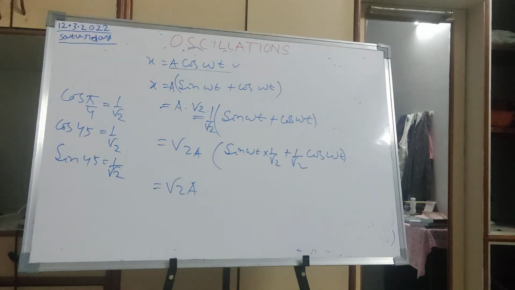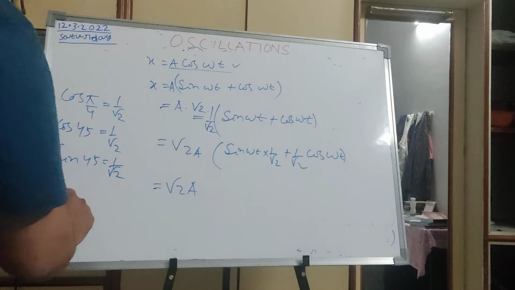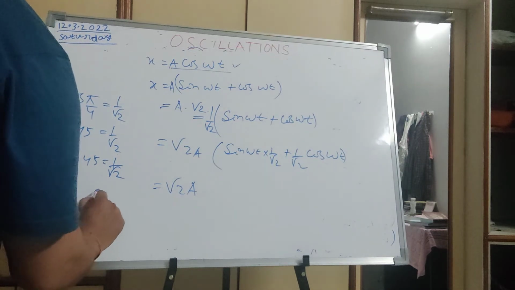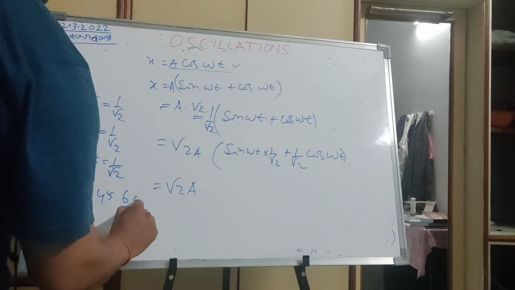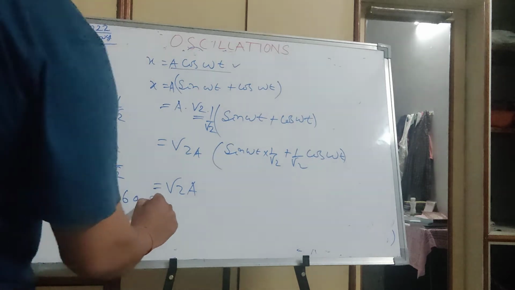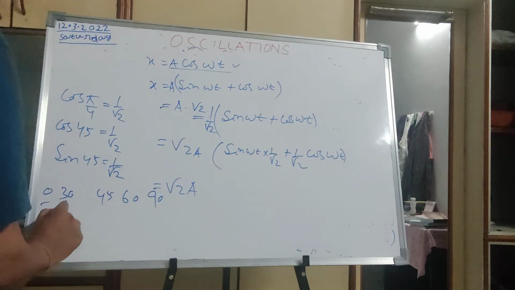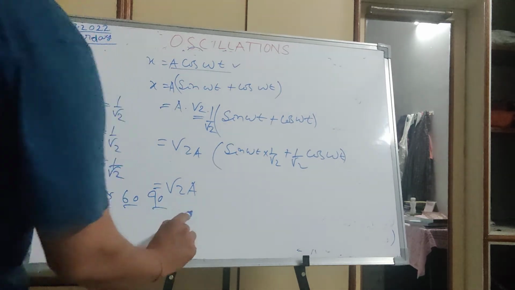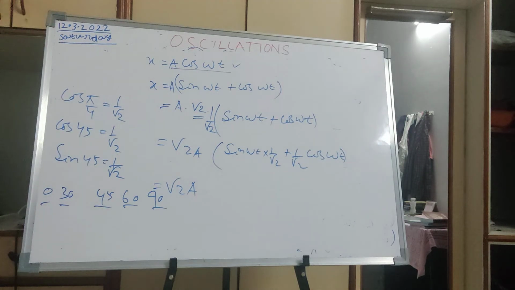You should remember the angles 0 degree, 30 degree, 45 degree, 60 degree and 90 degree. These 5 angles are very, very important, and you should always remember their values. In terms of sine, sine 0 is 0.